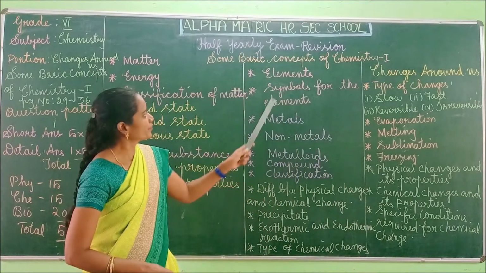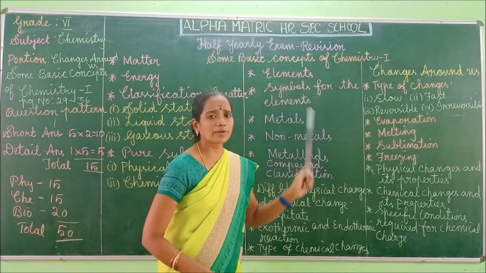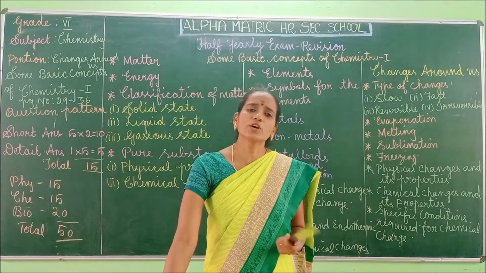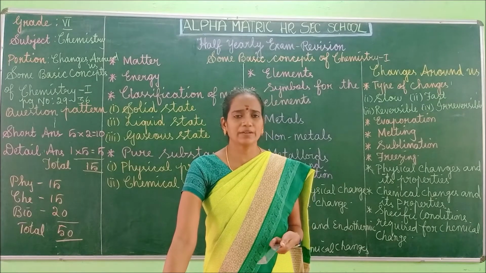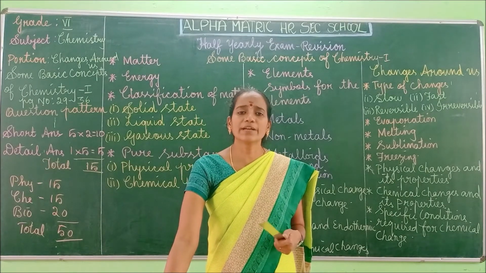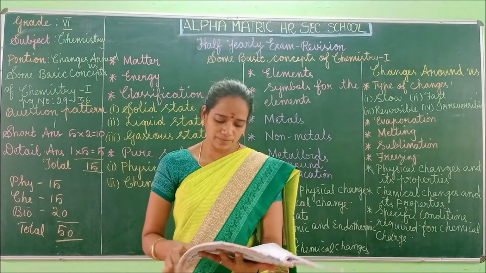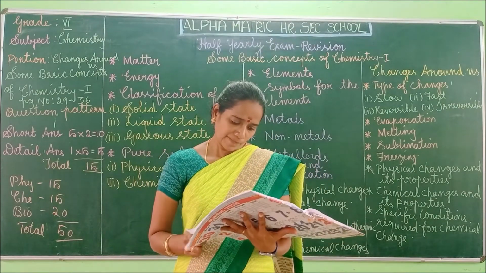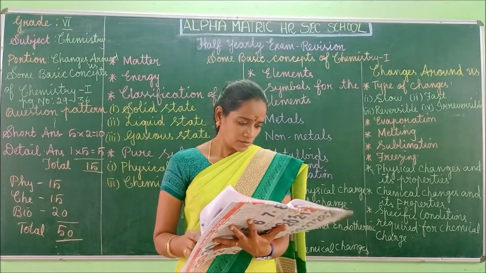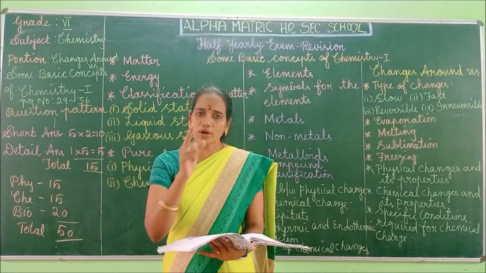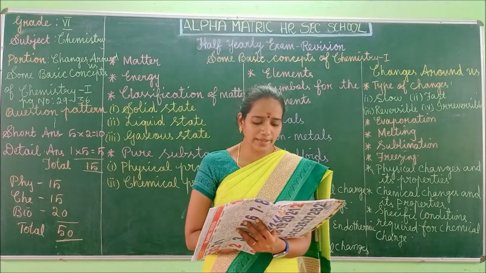Next, come to elements. Element means what? An element is made up of only one type of atom. In the book, page number 32C, an element consists of only one type of atom.